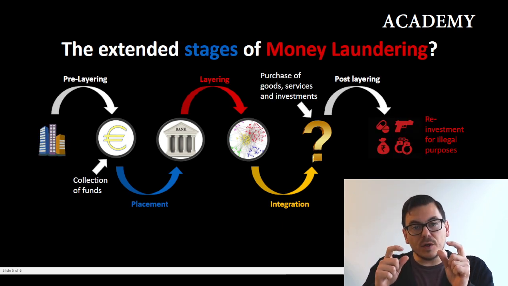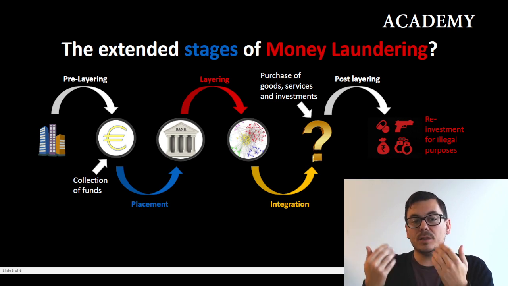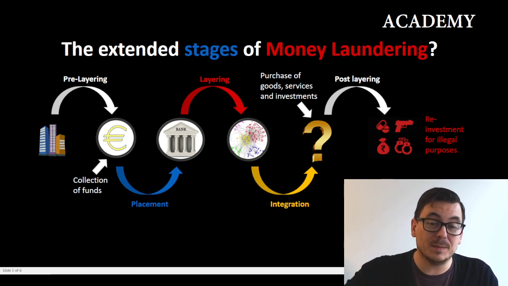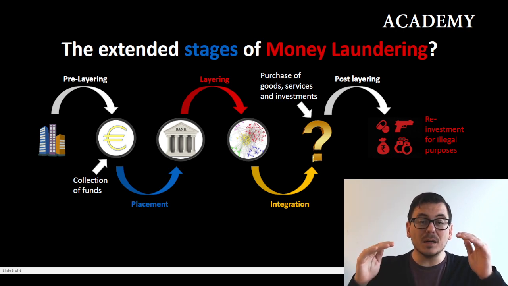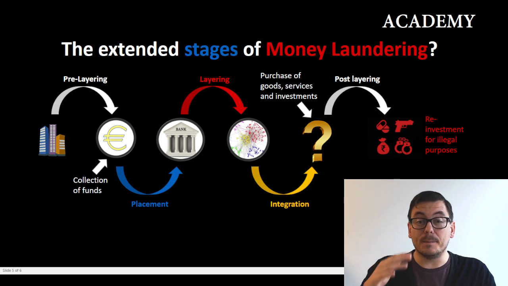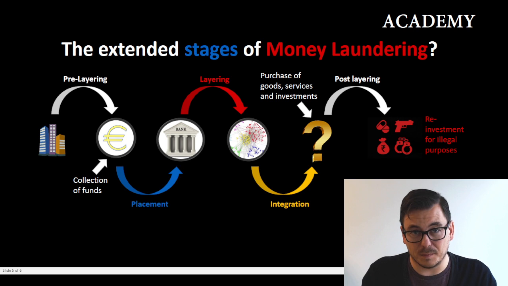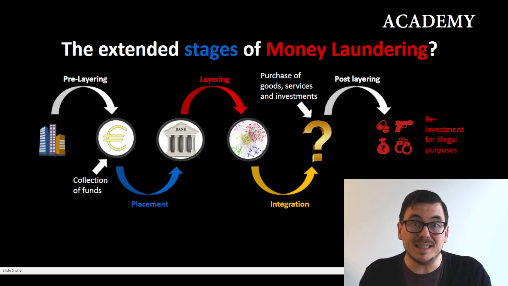The extended version, there we go a bit further. To backtrack, we put in one more stage before the actual placement into the financial system, and that is the pre-layering stage. Because the regulatory demands, for example on banks, have increased a lot, there is a lot of focus on money laundering these days. Therefore, pre-layering can be a good way to disguise that the origin is illegal.